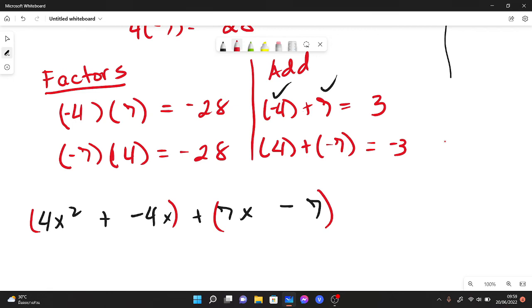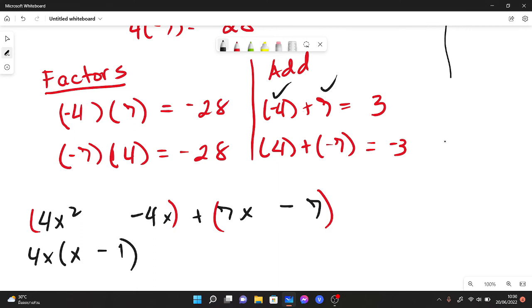The common factor of 4x squared and negative 4x, sorry, this is not plus, minus 4x, 4x squared minus 4x, is 4x. Then we have x, not plus, minus 1.